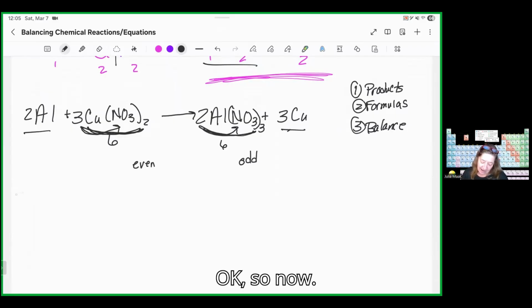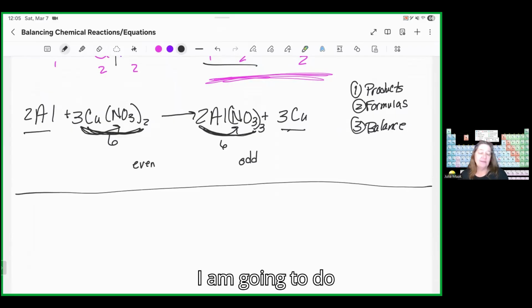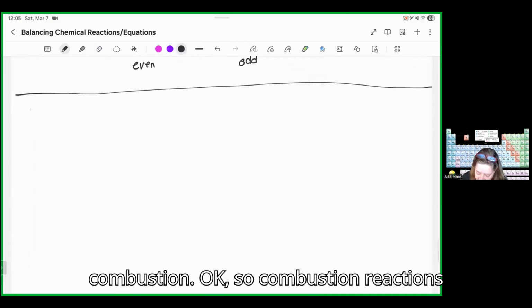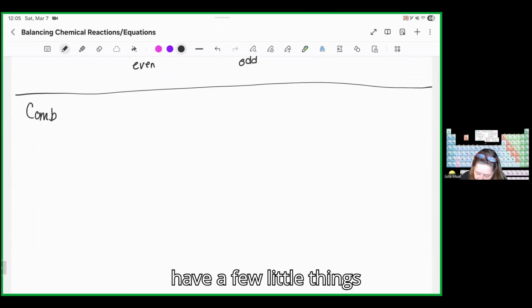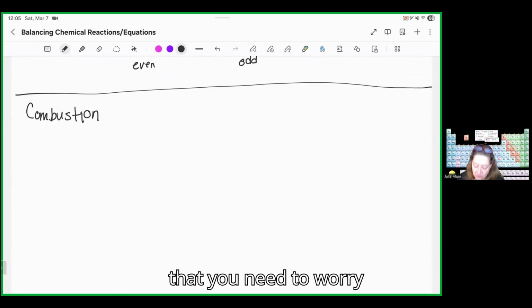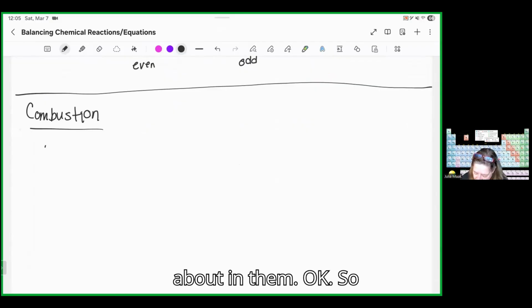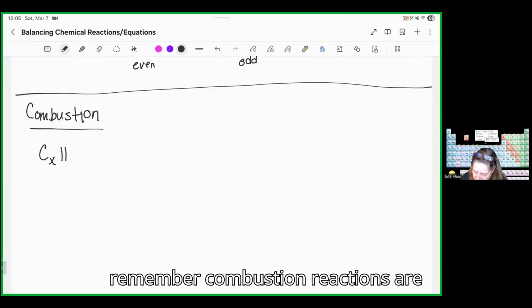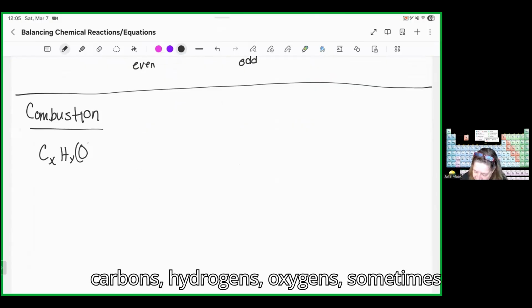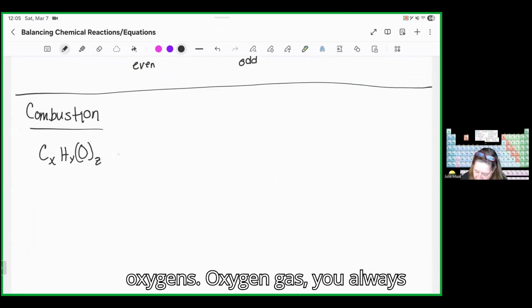Okay, so now I am going to do combustion. Combustion reactions have a few little things that you need to worry about in them. Remember, combustion reactions are carbons, hydrogens, oxygens, sometimes oxygens.